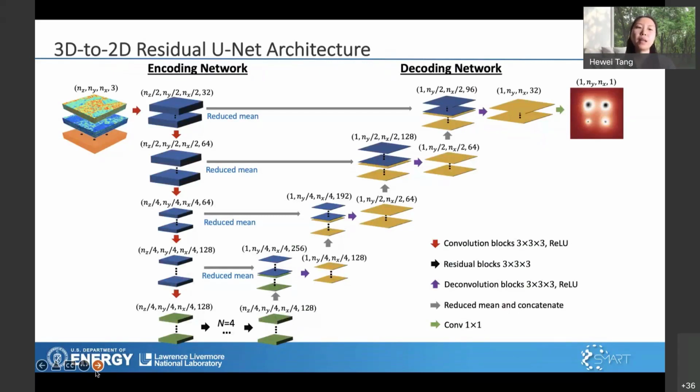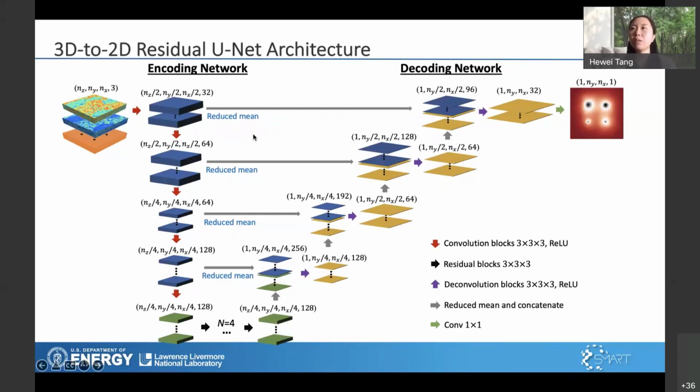We developed our surrogate model based on a 3D to 2D residual UNet structure. It is modified from the traditional UNet structure, which is characterized by the concatenation layers between the encoding network and the decoding network. Since in this case we have to deal with 3D input and 2D output, we modify the architecture a little bit.